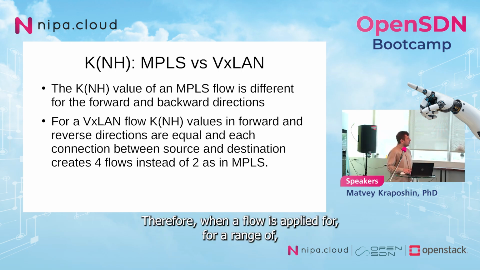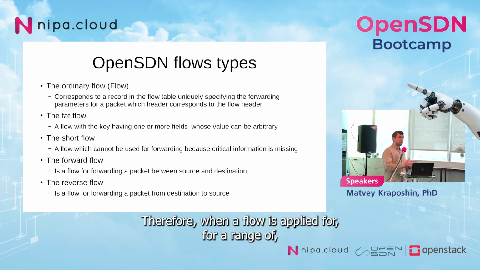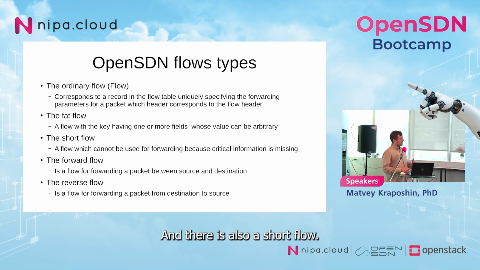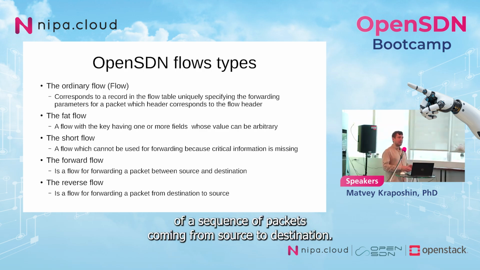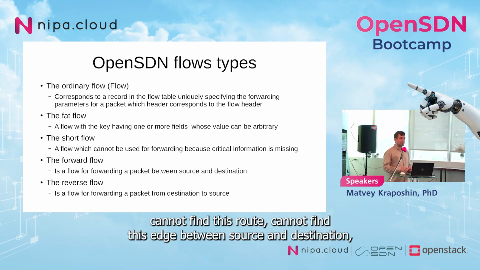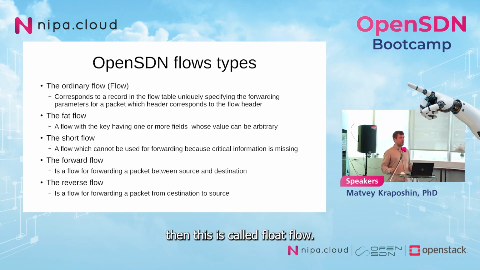Therefore, when a flow is applied for a range of key values, then it is called a fat flow. And there is also a short flow. If you remember, we have a definition of flow as a sequence of packets coming from source to destination. And if our router cannot find this route, cannot find this edge between source and destination, then this is called a short flow.